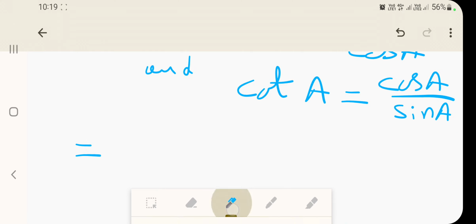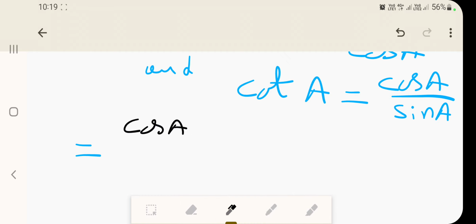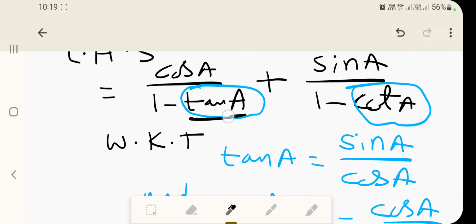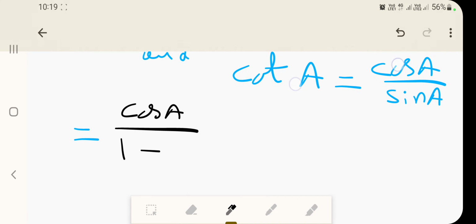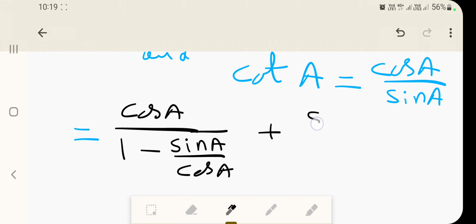So we have cos A in the numerator divided by 1 minus tan A, where tan A is sin A divided by cos A, plus sin A divided by 1 minus cot A.